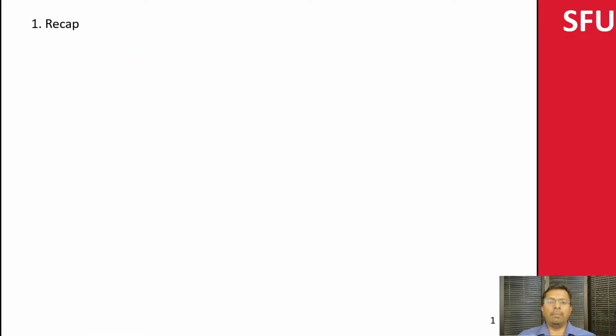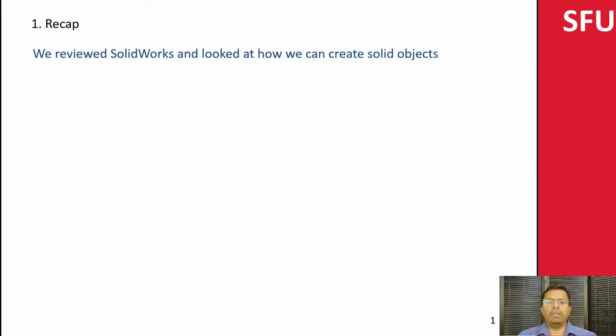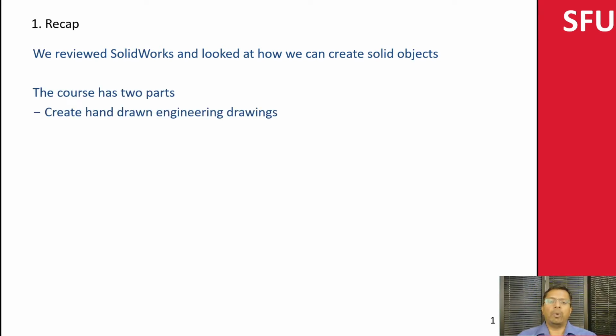So, quick recap. What we basically did last class is we looked at SolidWorks and how we can create different objects there. We also mentioned that the course has two parts to it. One would be creating hand-drawn engineering drawings.